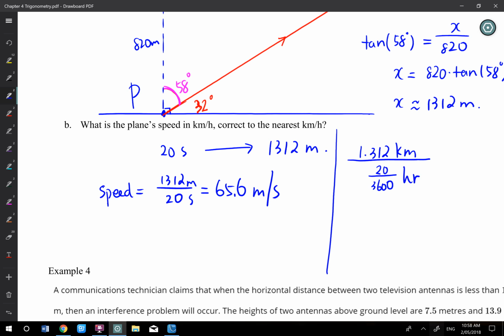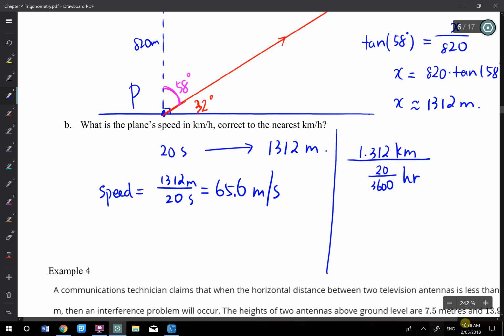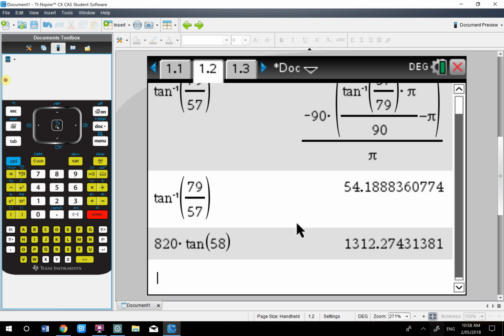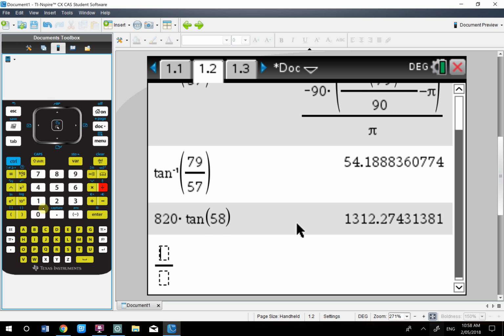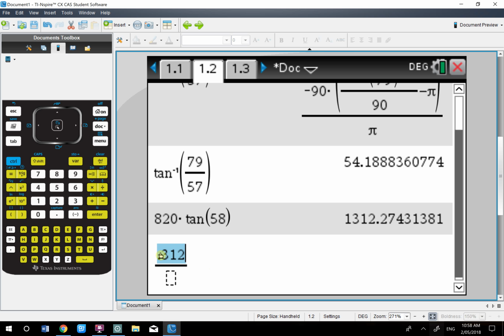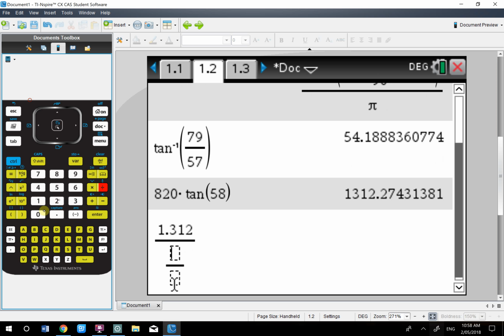It's a very small value, but it's alright because that's what we get. So that's a very small fraction. It's 1/180. I don't know what that equals to, so I put that into the calculator. 1.312 over a fraction, 20/3600.